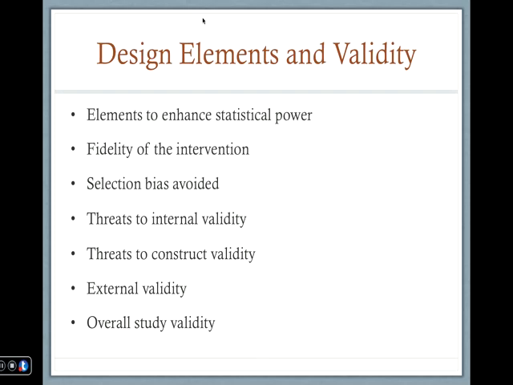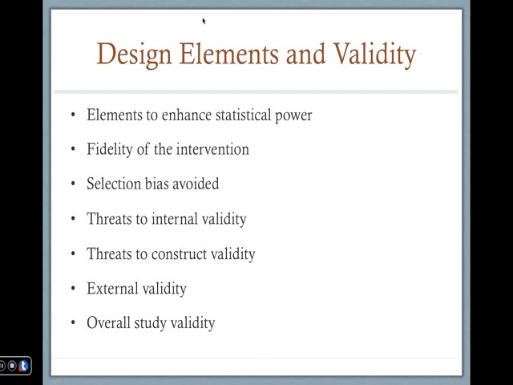So you want to maximize elements that enhance statistical power. You want to enhance elements that will get at the fidelity or the trueness of the intervention. You want to know that your intervention results are really what happened and not out of chance or error, and not have the findings be radically different when the study is replicated.